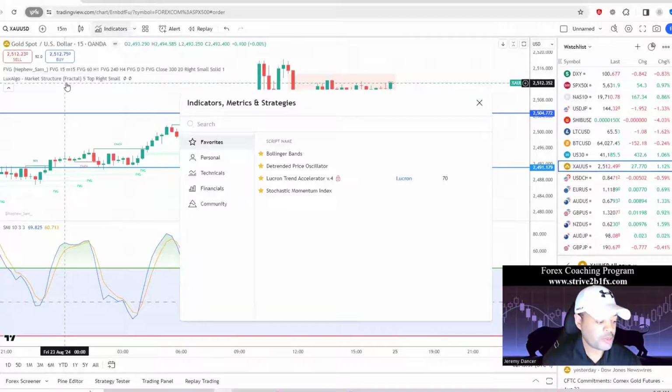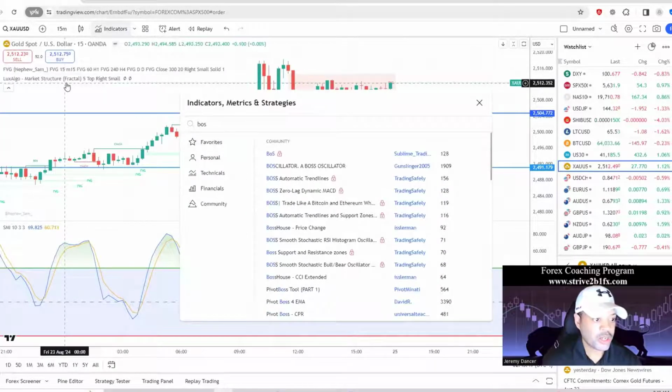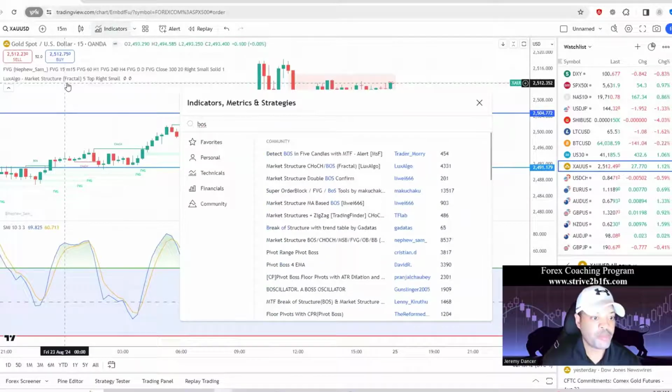If you type in breakup structure, you can see it right here. So it's this second indicator currently. Those are the 2 indicators that I use at the current moment.